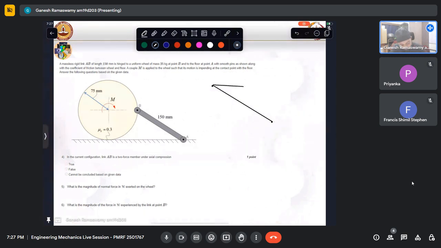For example, let this be theta, and let this still remain hinged, and let this be the force F that is coming onto this at point B. This is not parallel.